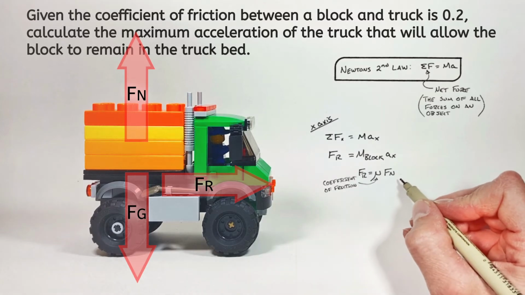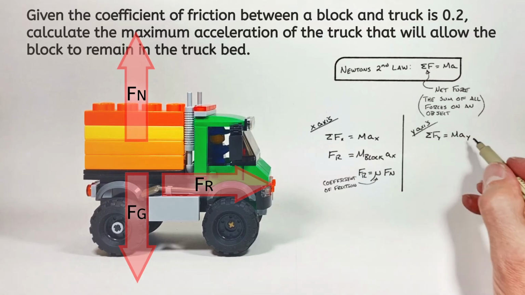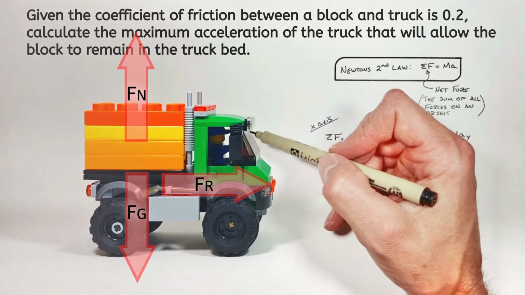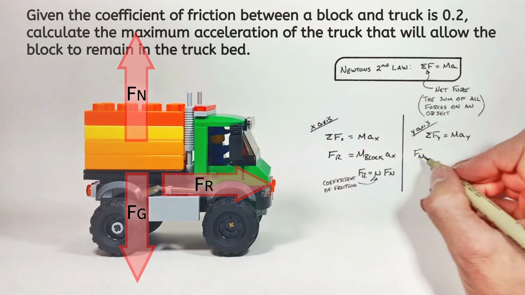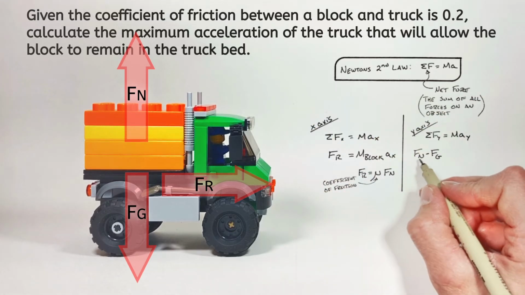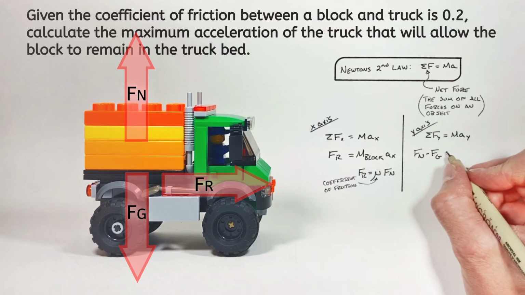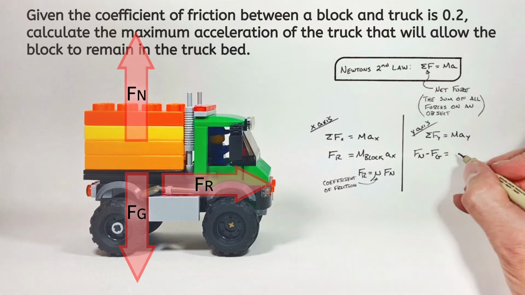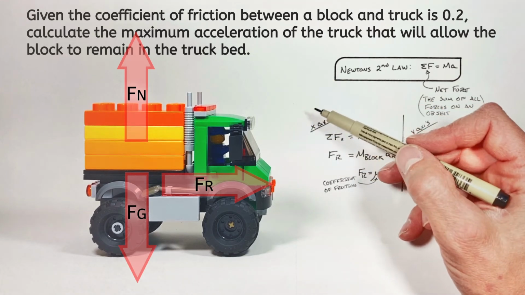So to find the normal force, we're going to need to take a look in the y-axis. You see, applying Newton's second law on the y-axis, there's the normal force upward, and then there's the force by gravity downward. So I'm going to say Fn is upward or positive, and the force by gravity is downward or negative. And those two forces add up to be m times the acceleration of the block vertically.